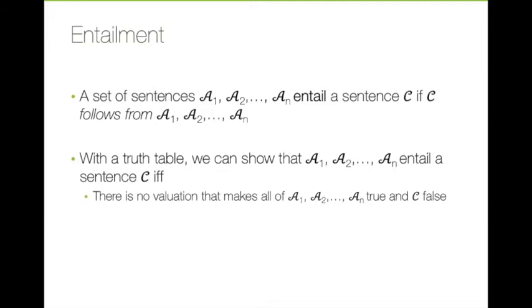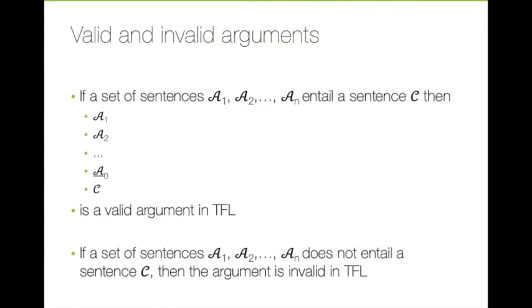Another way of thinking about this is that when the sentences A1 through AN entail C, then in every one of the valuations, the rows of the truth table, where A1 through AN are true, C will also have to be true. We can use that concept of entailment to define what makes arguments valid or invalid and set up a test for validity and invalidity using truth tables.